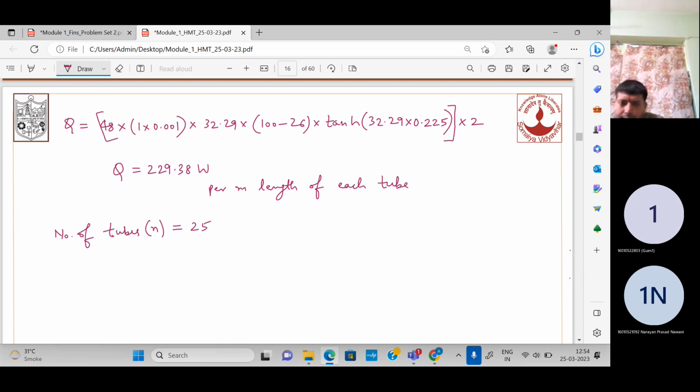We know the number of tubes multiplied by heat dissipation from a single fin is equal to the total heat transfer.